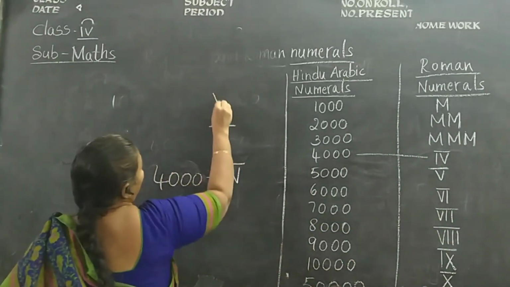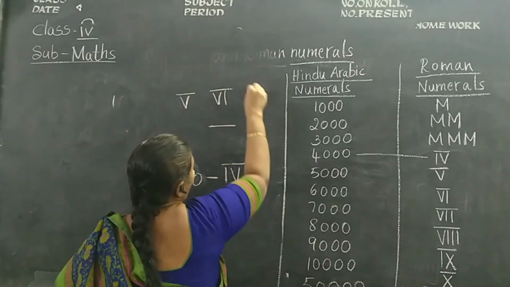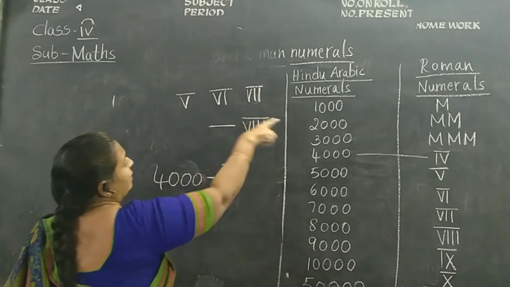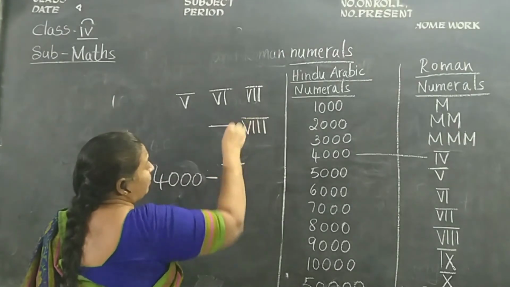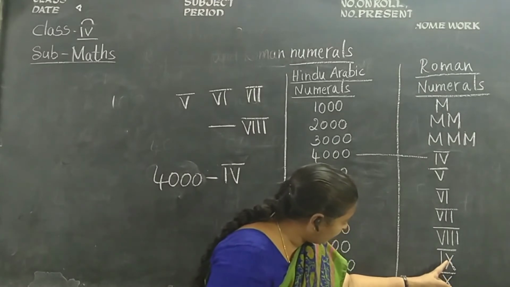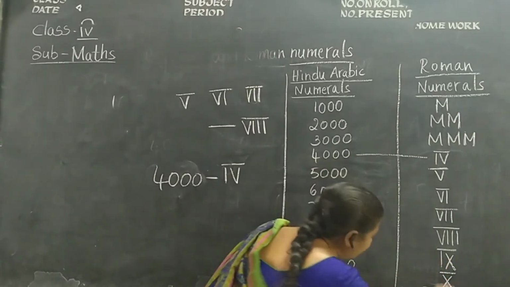Just like this, children: 5,000, 6,000, 7,000, 8,000. This sleeping line we are writing on top of the Roman numeral. See children, this 9,000.